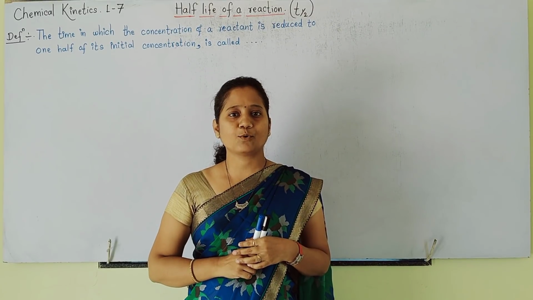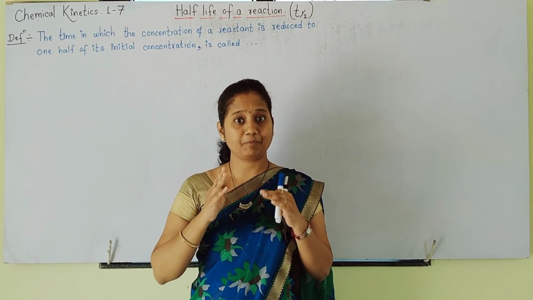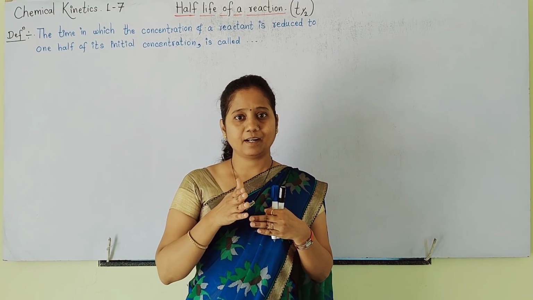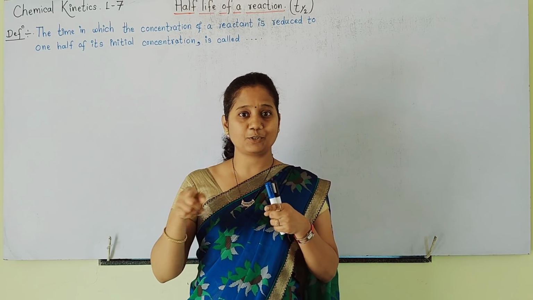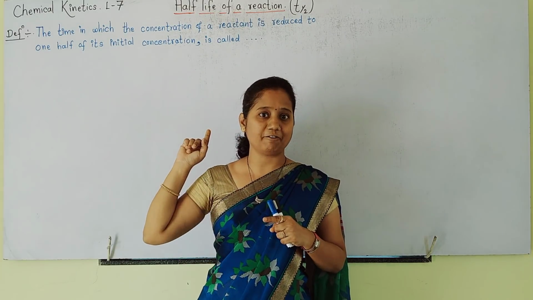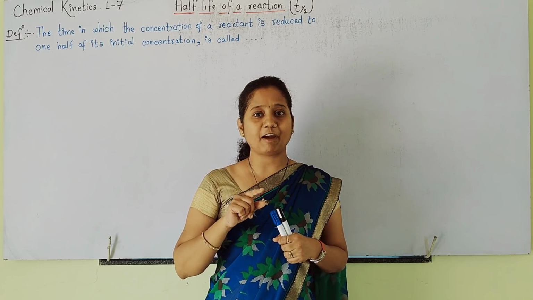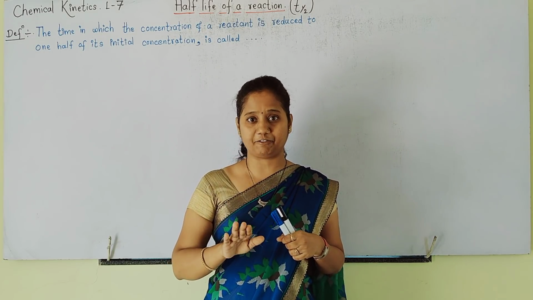In this class we are going to see half-life of a reaction. So half-life means what? Reaction starts, 50% of reactants are over. How much time is required to reduce the concentration to 50%? That time is called half-life. So what is half-life? Time required to reduce initial concentration of reactant to its half.